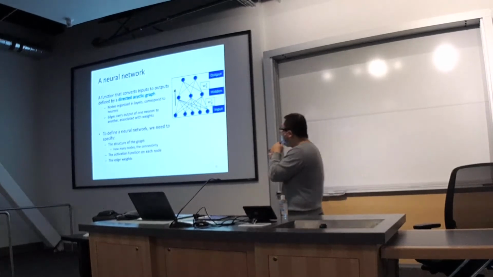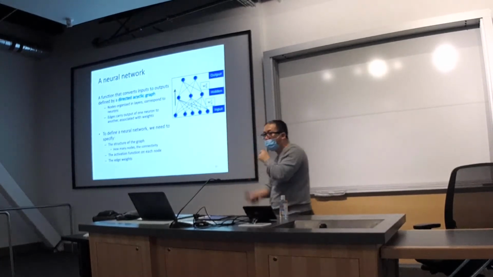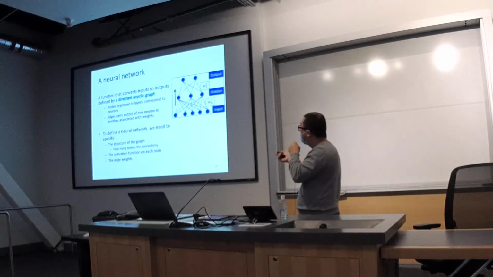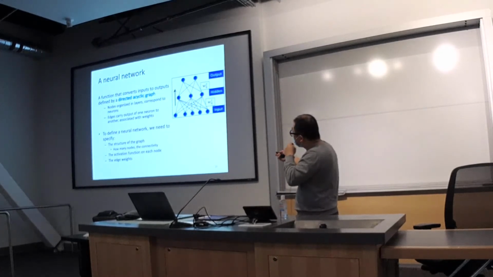Okay, how do we define a neural network? First, you specify the structure of this graph, namely how many layers you want to have and how many nodes per layer. Then how the neurons across different layers are connected.